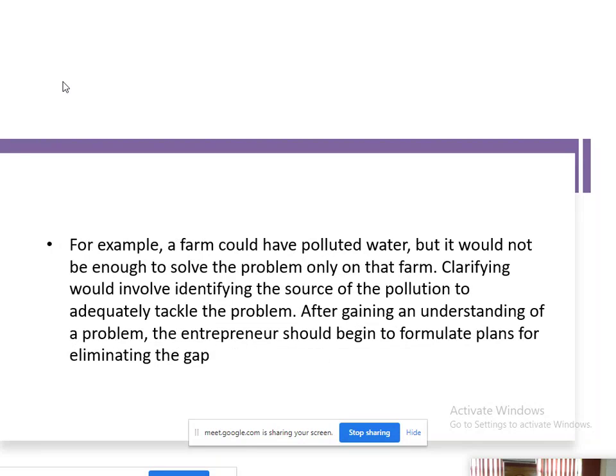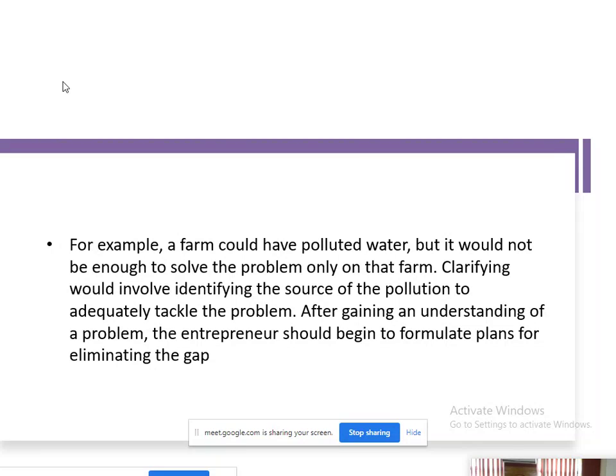So, for example, a farm could have polluted water, but it would not be enough to solve the problem only on that farm. Clarifying would involve identifying the sources of the pollution to adequately tackle the problem. This is a kind of example, okay? So if a farmer can understand that, okay, he is doing the farming, but unknowingly he is actually polluting the water, that is a big problem.